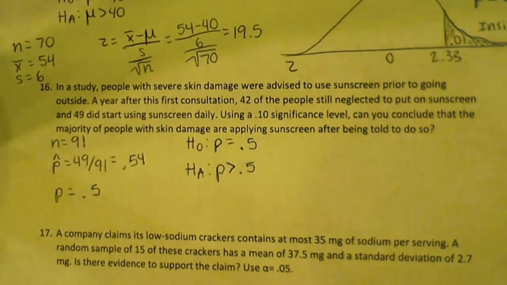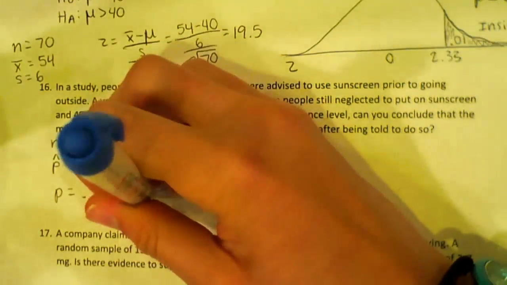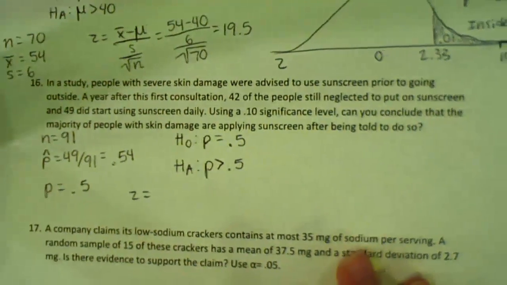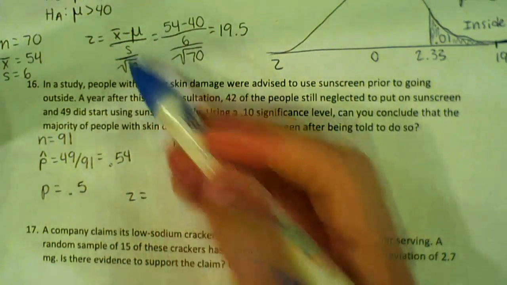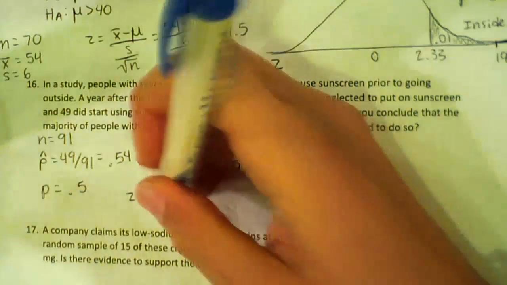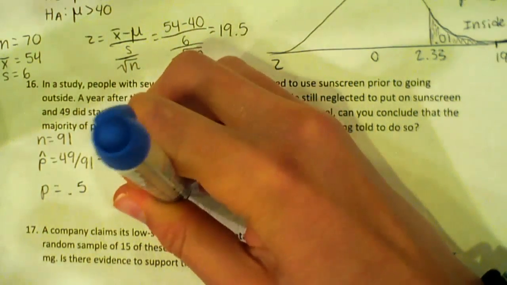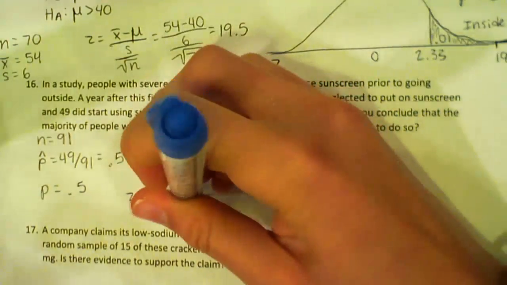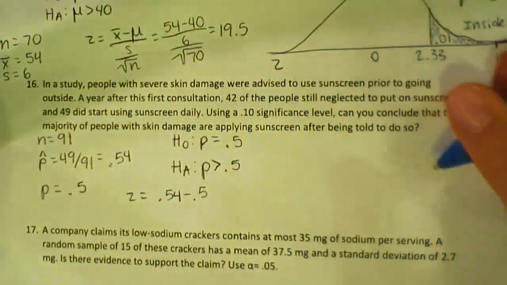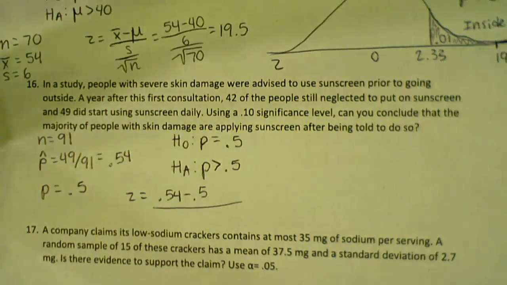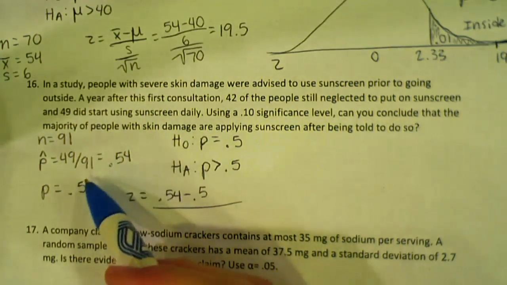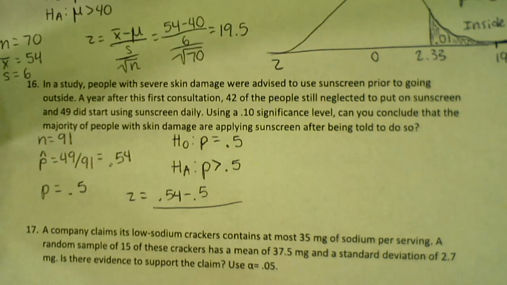So just like with the last one, we're going to be calculating the z-score. And we're just going to be using this formula that's up here. The only difference this time is that we're looking at a population proportion, not an average.